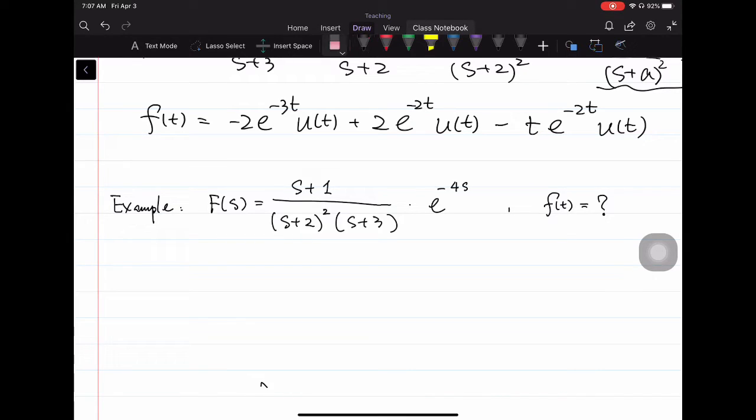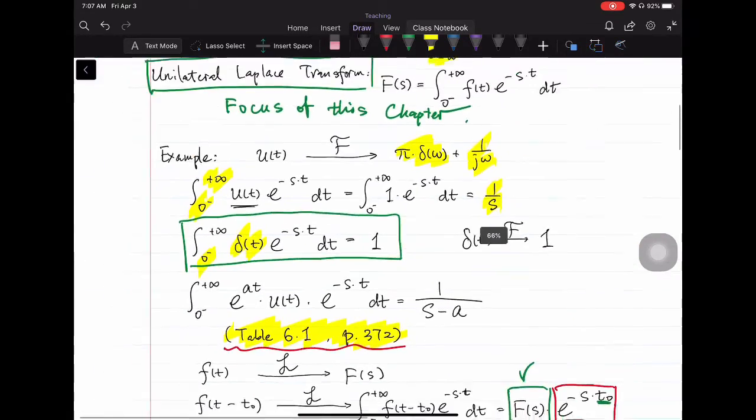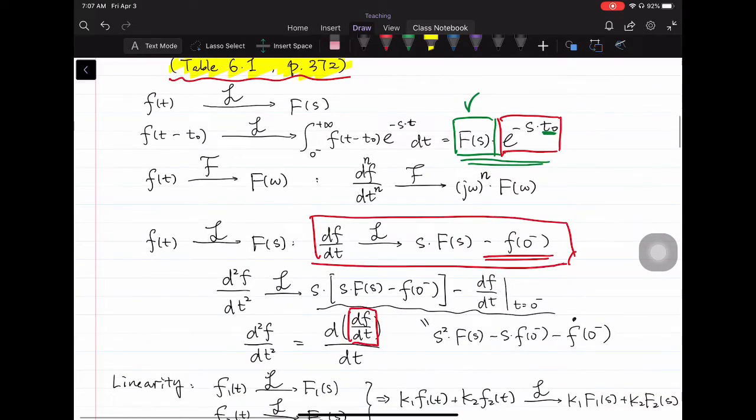So how do we go about this? To solve this, we need to use one of the properties we discussed above, that is about the time delay. So if we move up a little bit, we will see this property and this property.